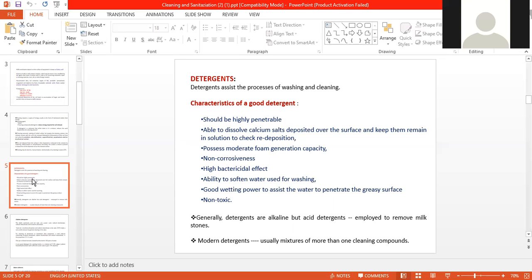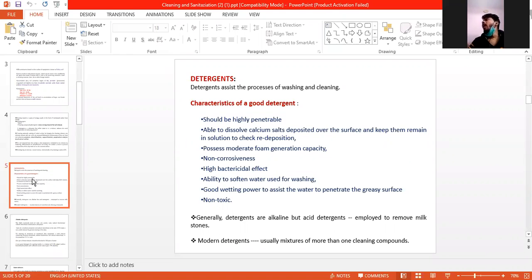Lastly, the detergent must be non-toxic, because if any residual amount is present on the equipment, it may be poisonous, come into the milk and milk products, and be toxic for the health of the consumer who consumes it. So a good detergent must be non-toxic.